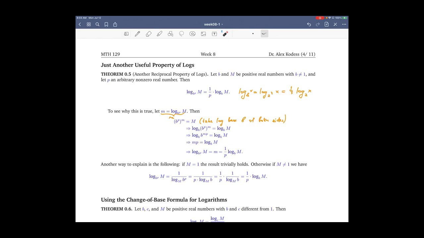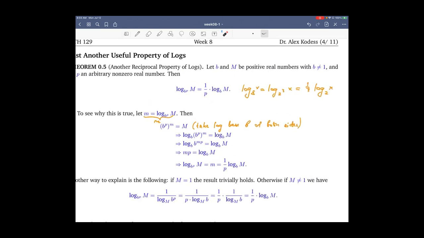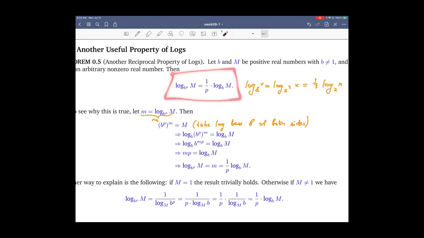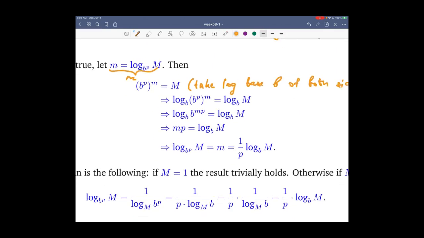Now, here's another explanation using the reciprocal rule. If in this formula m equals 1, we get zeros on either side, and there's nothing to prove. But if m is not 1, we can write that log M base B to the P is 1 over log B to the power P base M, because that's the reciprocal rule.